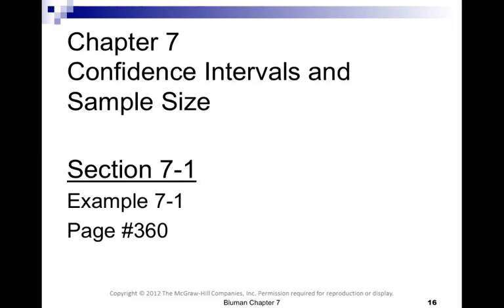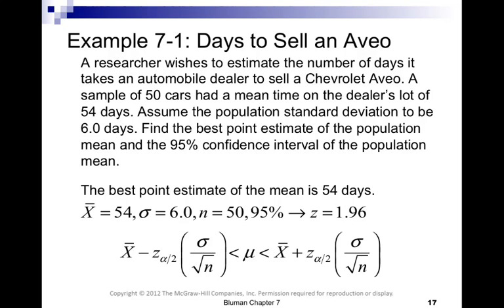Now, here's some problems. First one is from page 360. Days to sell an Aveo. A researcher wishes to estimate the number of days it takes an automobile dealer to sell a Chevrolet Aveo. A sample of 50 cars. So here's your n, n is 50. We had a mean time on the dealer's lot of 54 days.